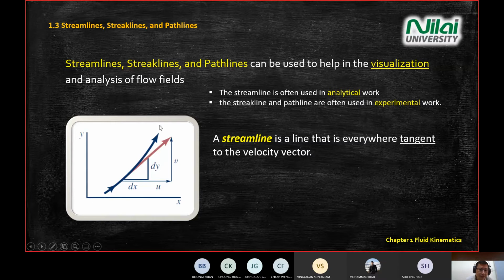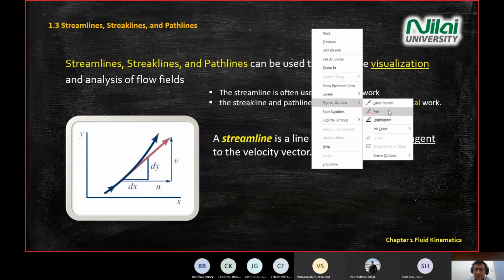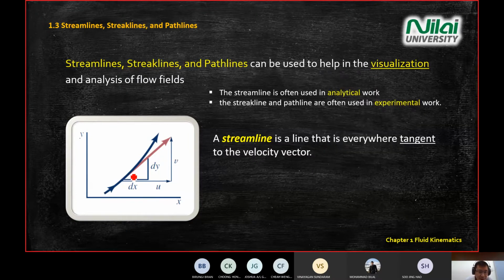This curved line, you imagine consists of a lot of repeated small dots. We choose one dot here, for example. Let me activate my pointer. There's a dot here, dot here, dot here.